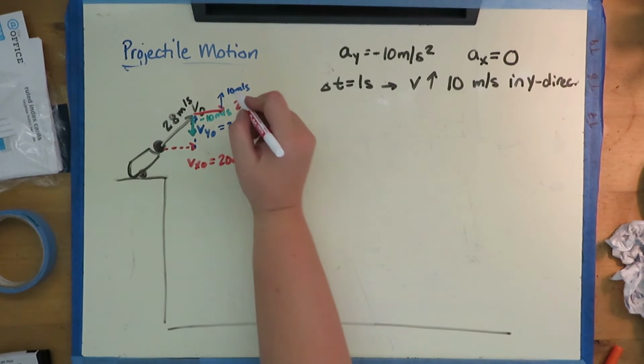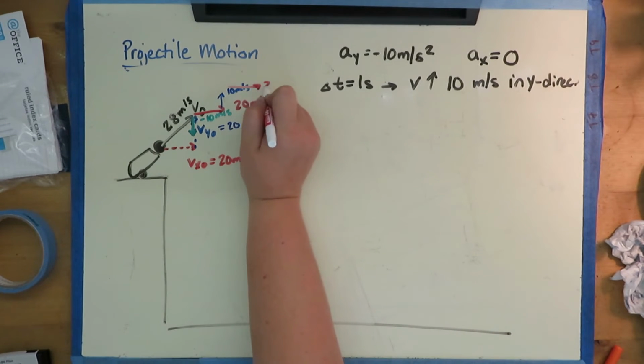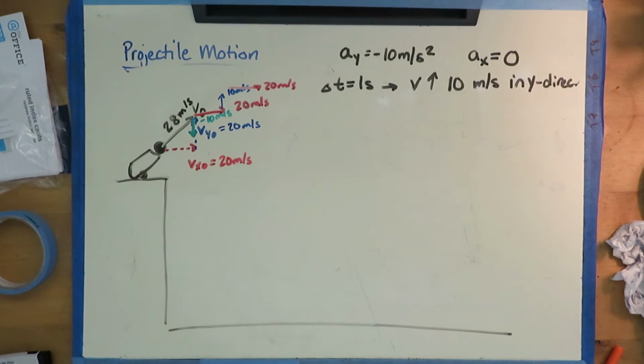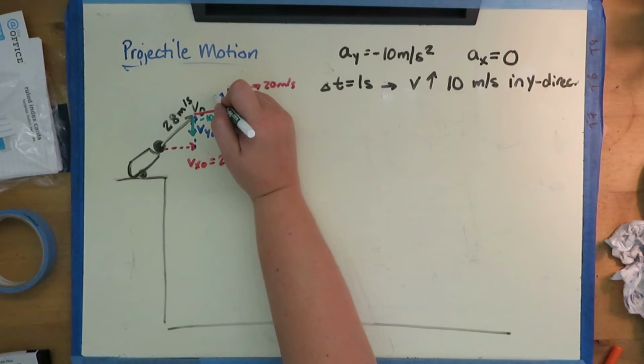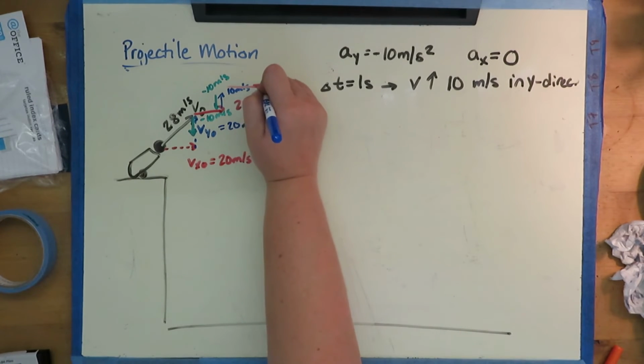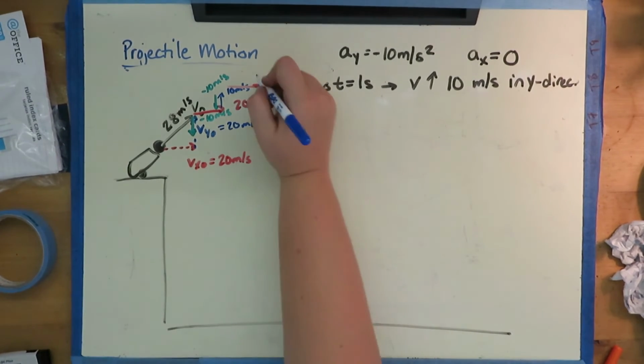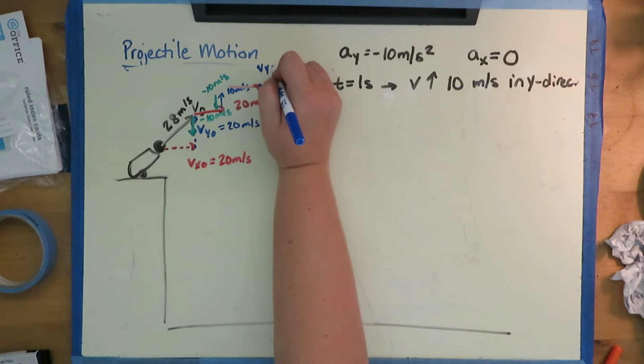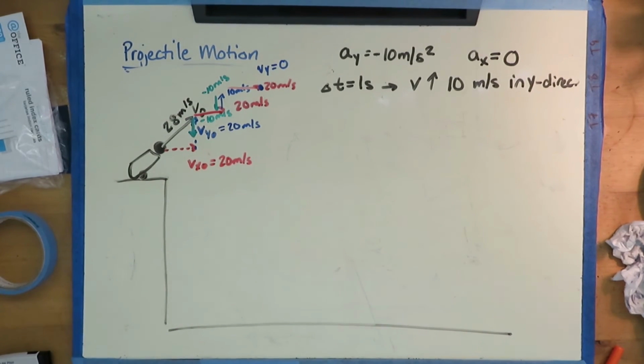Well, in the next second, I'll still have gone 20 meters per second to the right, but I will have slowed down by another -10 meters per second. So basically at that point in time, I reach essentially the top of my path, and my vertical velocity is 0 at that point. My horizontal velocity is 20 meters per second, but my vertical velocity is 0.